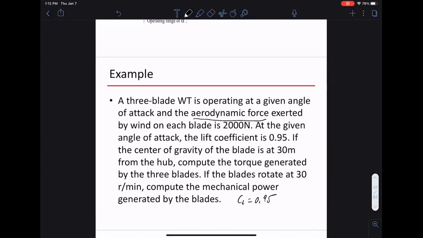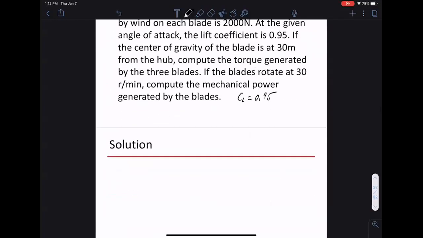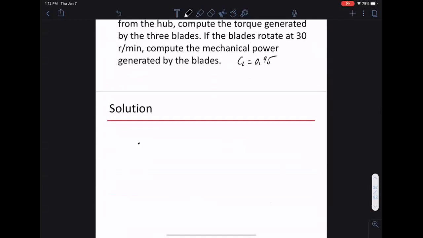And then if the center of gravity of the blade is 30 meters from the hub, we want to compute the torque generated by the blade. Then we want to translate that torque into power if the blades rotate at 30 RPM. So this is our question. If you look at the figure, this is the hub. We have a blade.